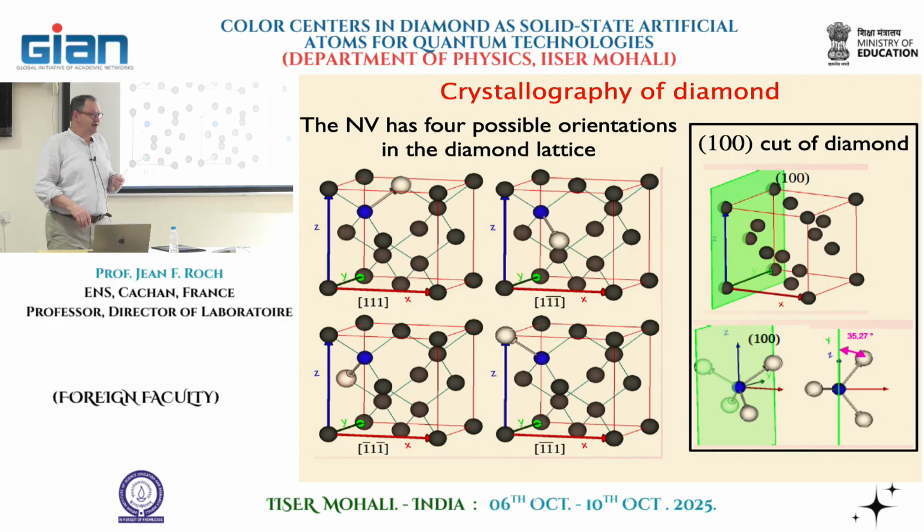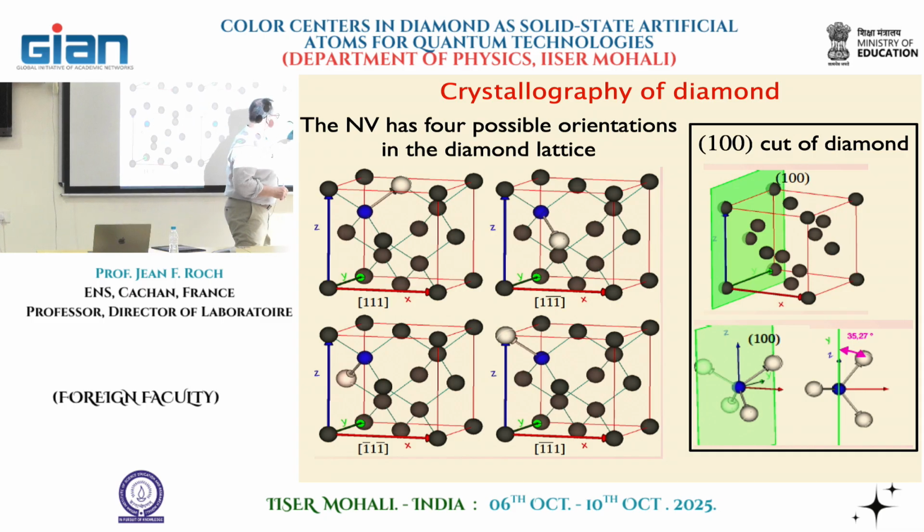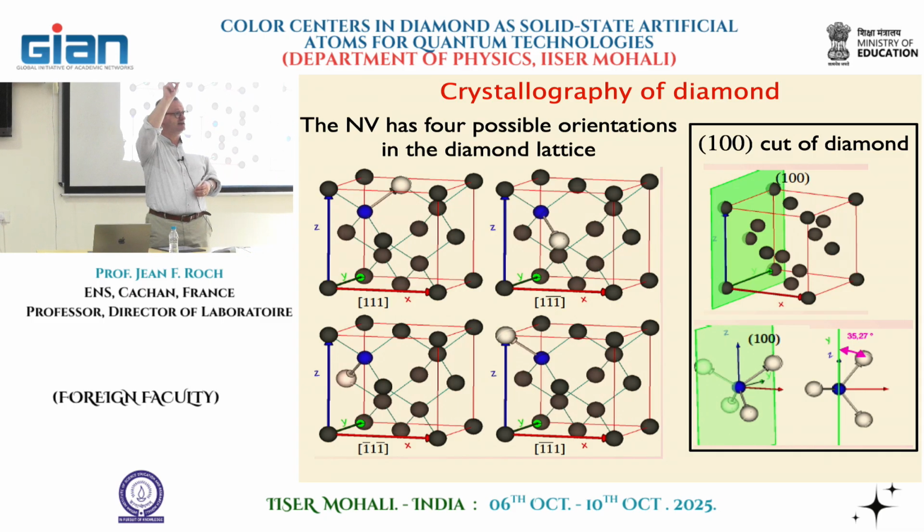Just a little bit of crystallography. Now, if we take, for instance, a diamond, we have different cuts that are possible. If I take a 100 cut, then I will have 4 orientations of the NV centers that are oriented at 35 degrees with respect to the axis perpendicular to the 100 plane.